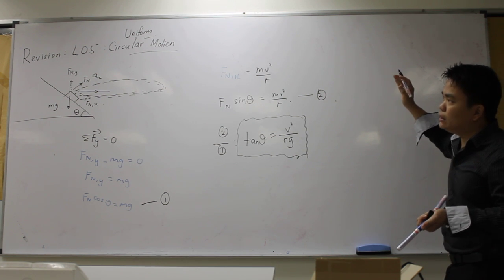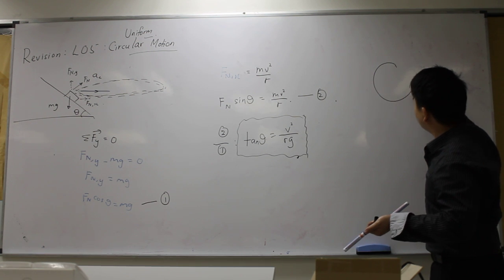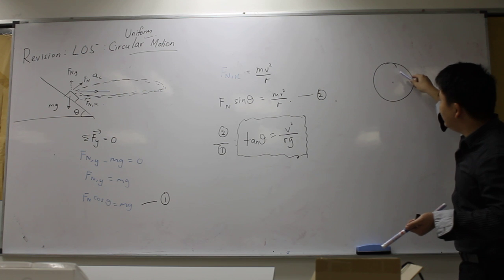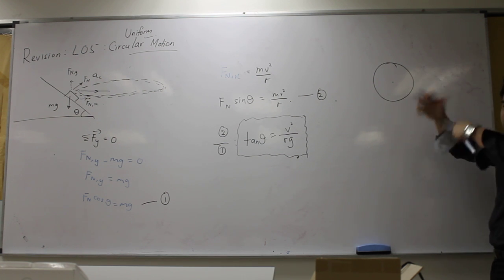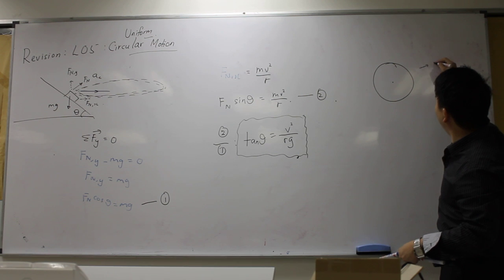So maybe you ask, for a system, let's say, this is a ball. Basically, if the ball keeps rotating, the whole body keeps rotating, then it involves rotational motion.